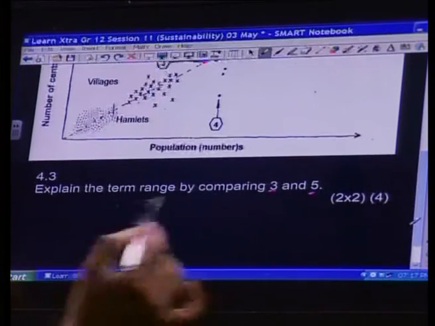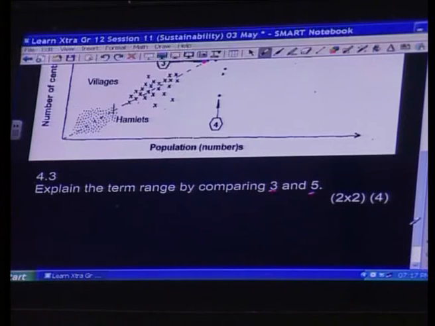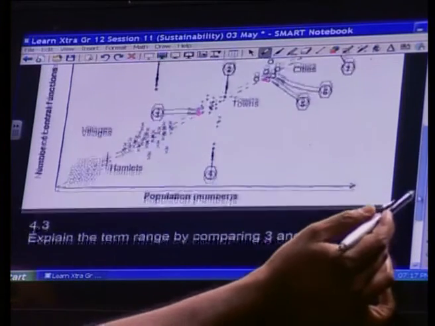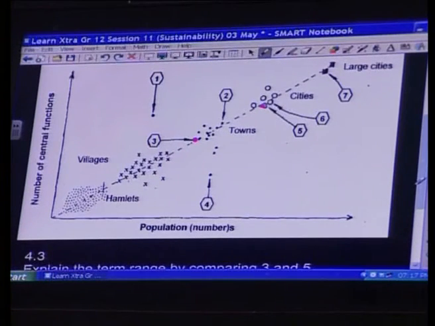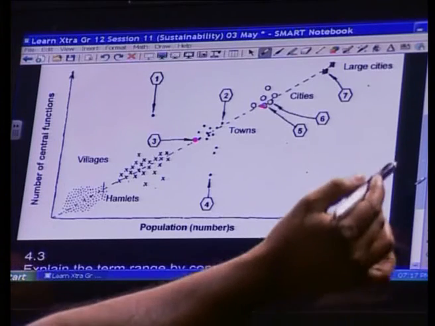The question alludes to: explain the term range by comparing 3 and 5. Which settlement would have a larger range?